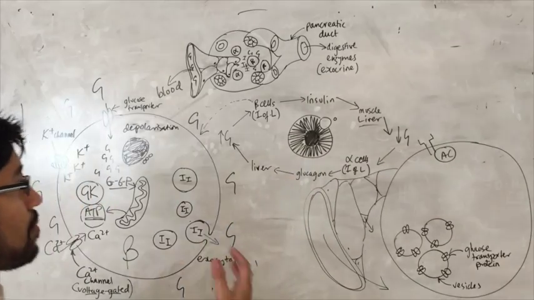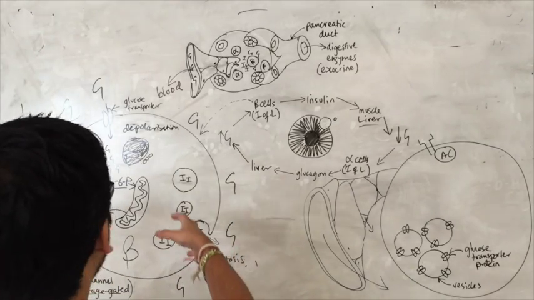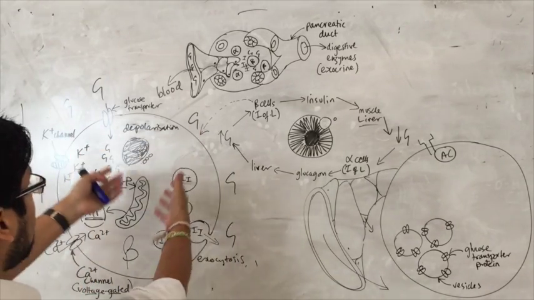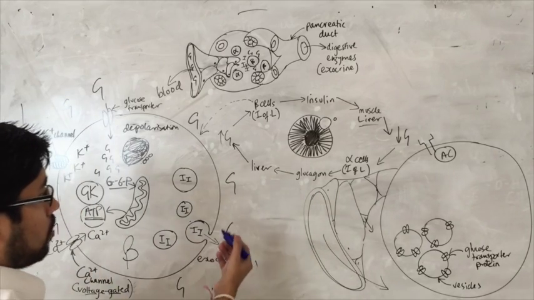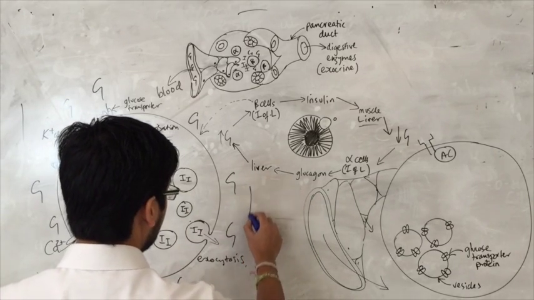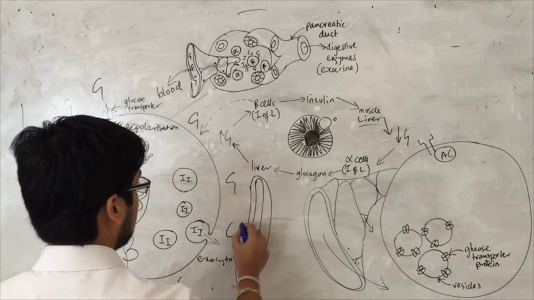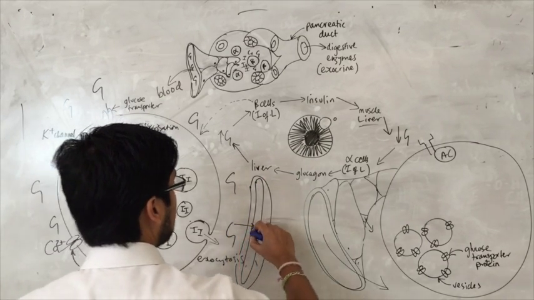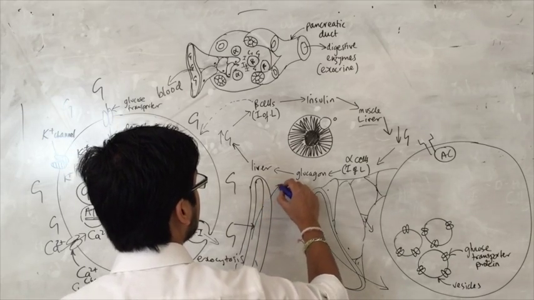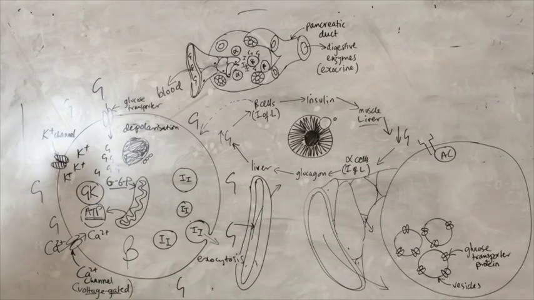So what happens next? All right, so where did we leave the story? Insulin has been released. What's probably going to then happen is it's going to diffuse into a capillary, and that capillary will then transport that insulin around the body.